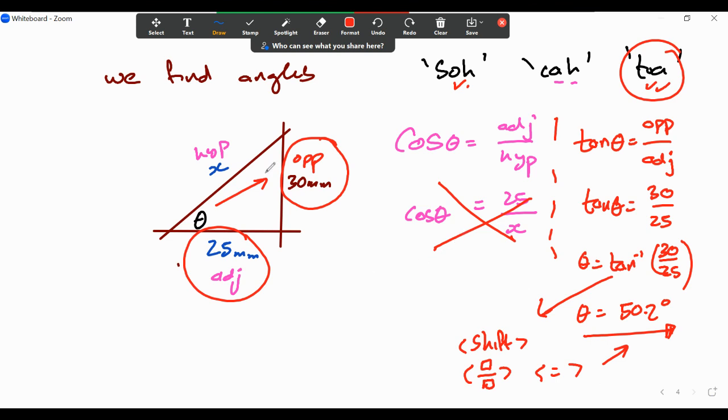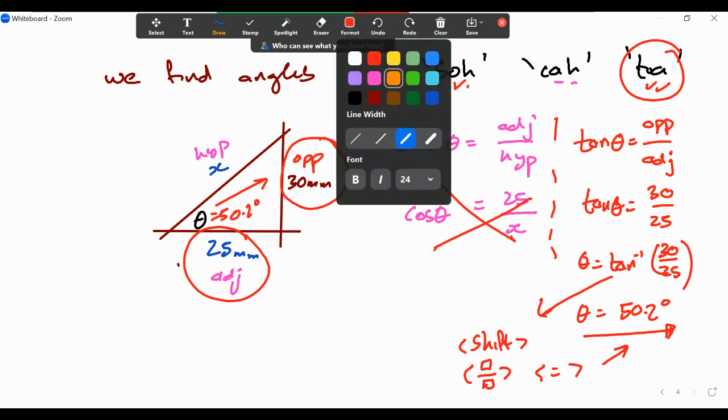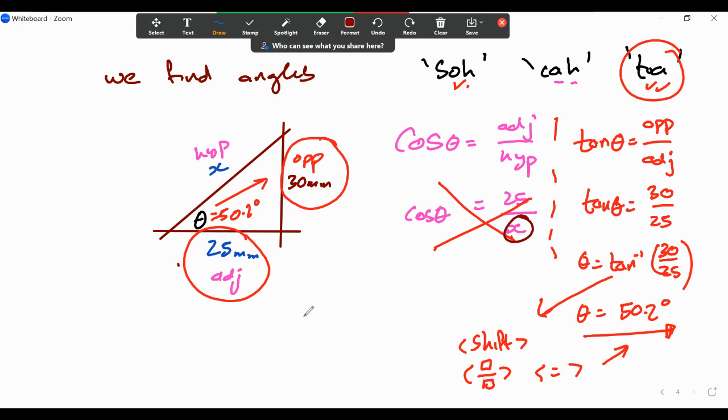So in this case, I've now found my angle to be 50.2 degrees. I could not find it earlier because I did not have the x value. But now I have the opposite value, and so I can even find the x value as well using Pythagoras theorem. Pythagoras theorem would basically state that x squared is equal to 30 squared plus 25 squared, and it'll become 900 plus 625. I'm going to say 900 plus 625 using Pythagoras theorem quickly, but we're not really focusing too much on that just yet.